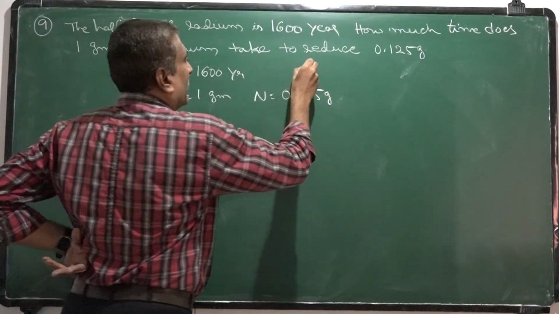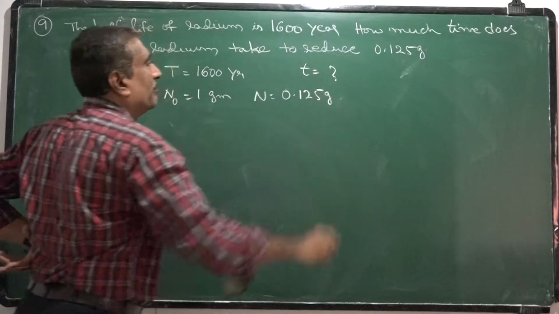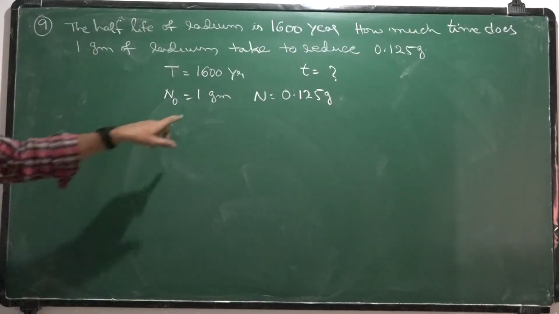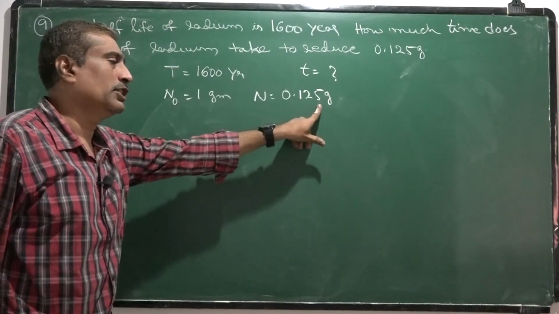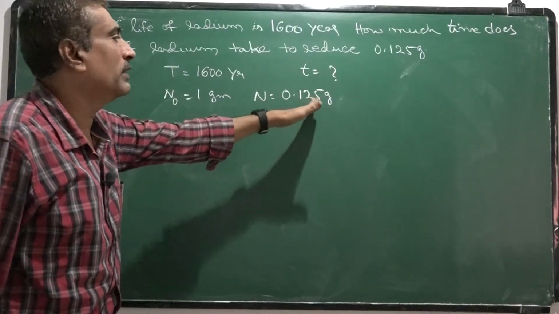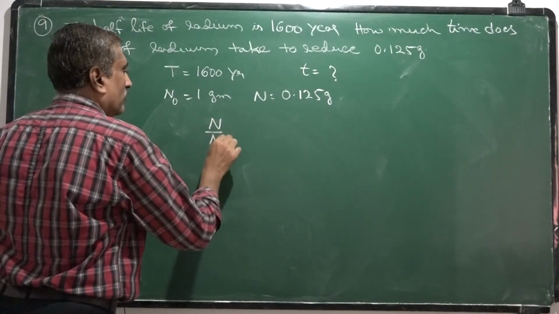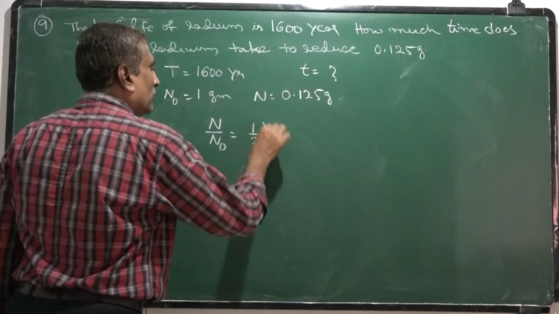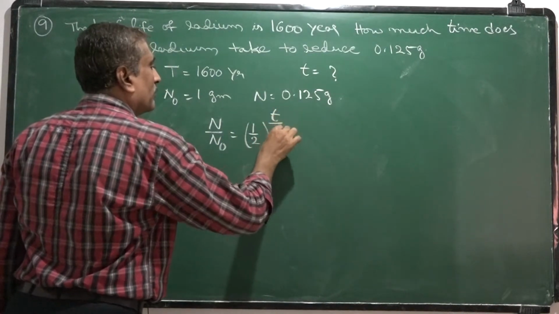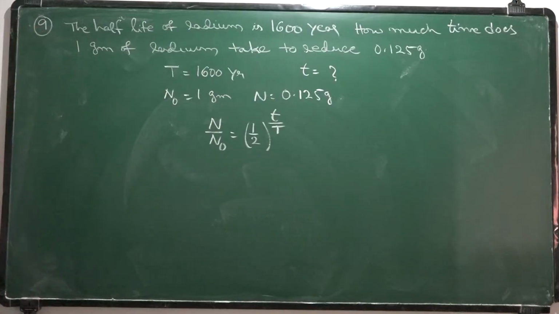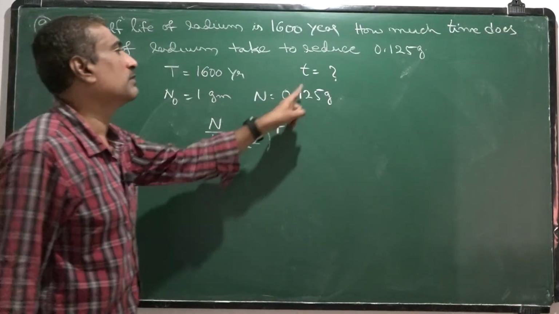So you have to calculate the time period t, so that 1 gram of radium decays to 0.125 gram. So our relation is N by N0 is equal to 1 by 2 to the power t by capital T. So here we have to calculate this small t.